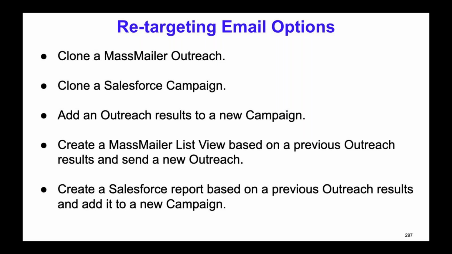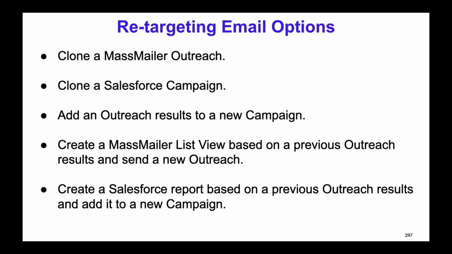the fourth option. And the final option, which I think most of you may be familiar with, is that you can always create a report based on whatever outreach results you are interested in retargeting. You can build that report based on MassMailer email status related to lead or contact, and then specify the respective filters on the email status value.